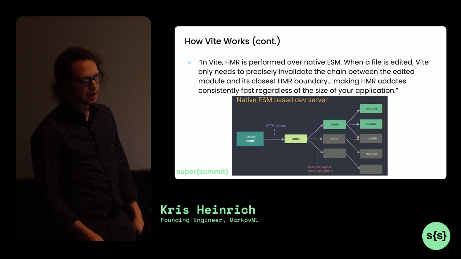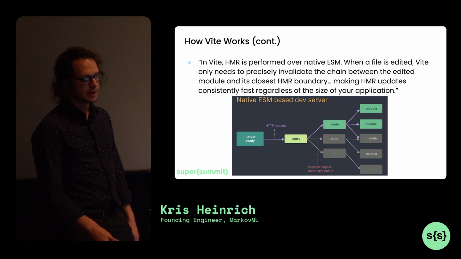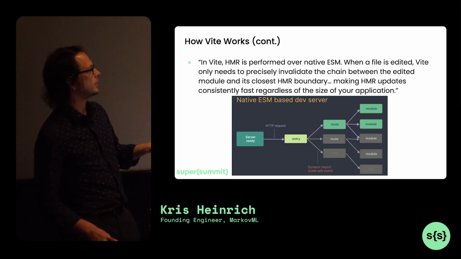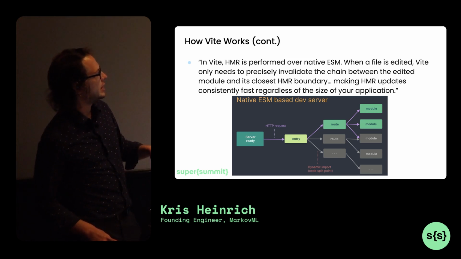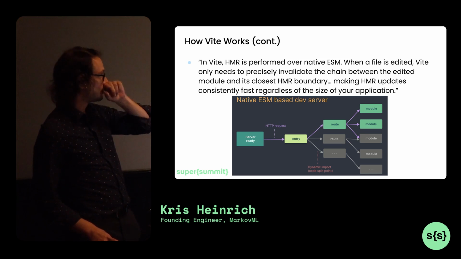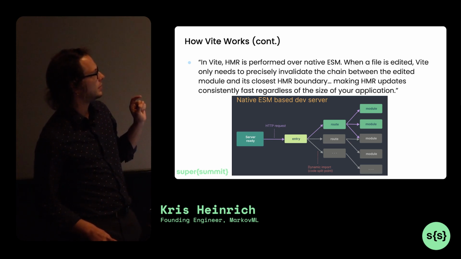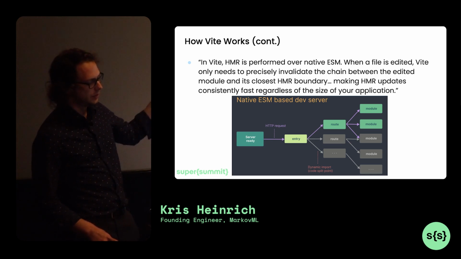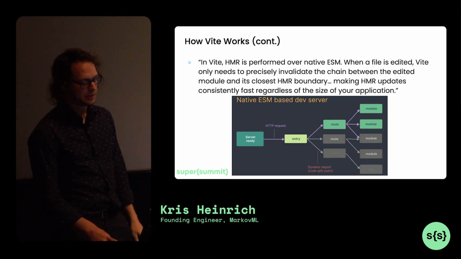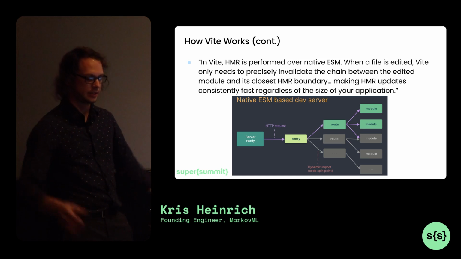So in Vite, hot module replacement is performed over native ES modules. How this works is when a file is edited, Vite does the minimal amount of work. It only needs to precisely invalidate just the chain of modules that were edited, essentially. It doesn't have to rebuild the entire tree.